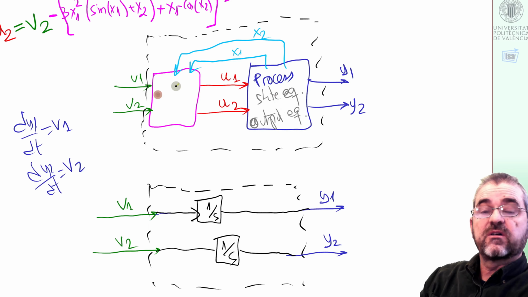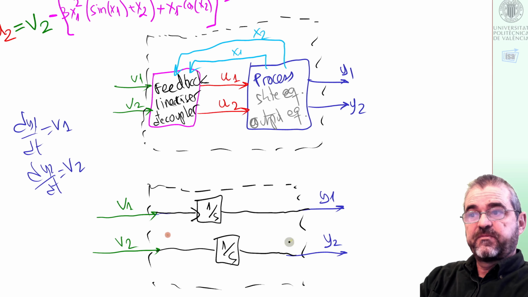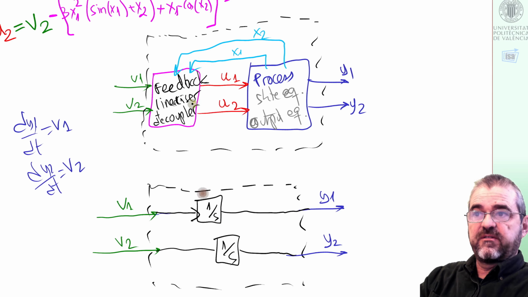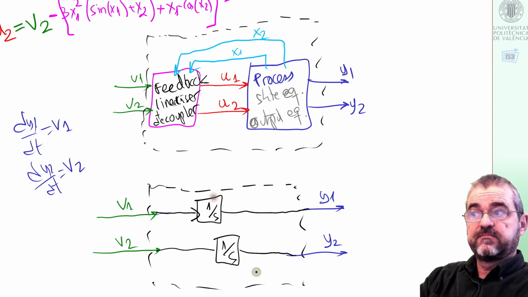So this is why this block is called a feedback linearizer plus decoupler. Feedback because we need x1 and x2, so this is a state feedback somehow, and linearizer because what we can see from the outside seems linear, even if there are very complicated nonlinear expressions inside, but apparently it's linear, and decoupled.